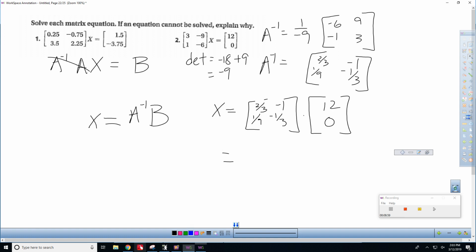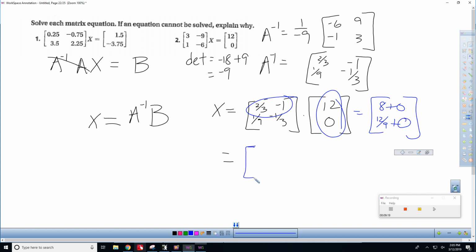So we're just doing our normal row by column. So it's 8 plus 0 over 1/9 of 12 is 12/9 plus 0. Love it. And you end up getting 8.